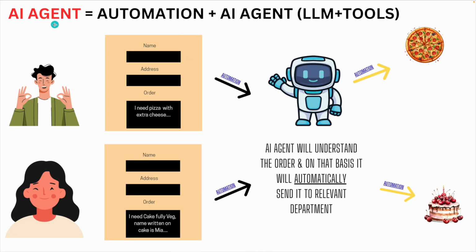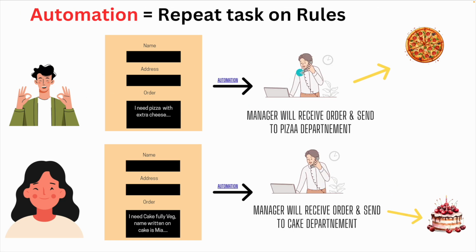In the case of an AI agent, it already has the automation system, plus it also has the AI agent, which is LLM plus tools. You remember the robot we have kept. This AI agent has the capability of a brain, like a human has a brain. In the earlier case, the person thinks that this order is related to pizza and then manually sends it to the pizza department.